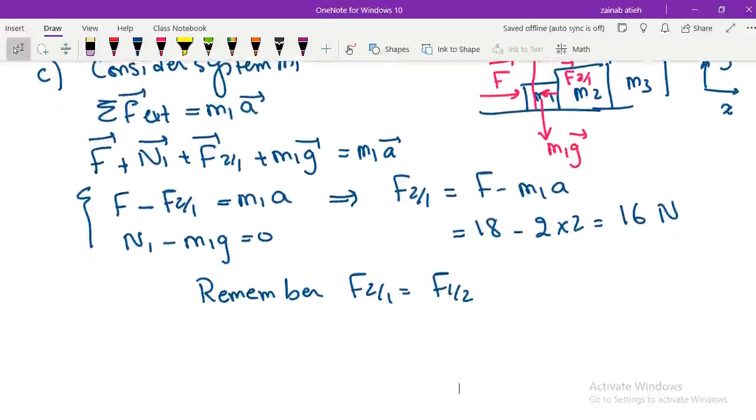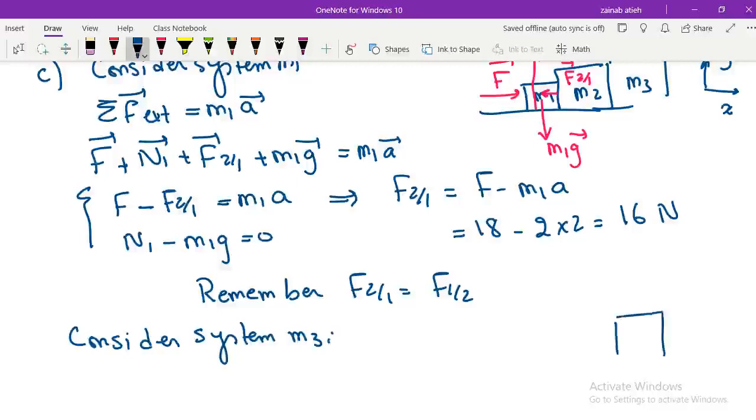I will choose system M3 because it's easier. You can also consider, for example, system M1, M2 together or M2, M3 together, but usually choosing one block is the easiest. So I will choose M3.